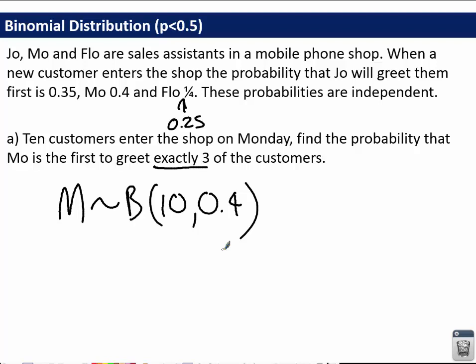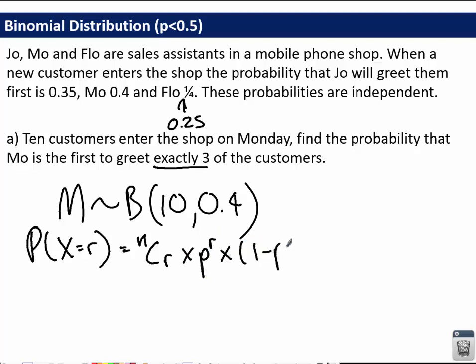Brilliant. Cool. Now, it's an exact probability. When we're doing exact probabilities, we want to use the formula. So the formula says the probability that the random variable X is equal to r is n, your sample size, choose r, times p to the power r, times 1 minus p to the power n minus r.